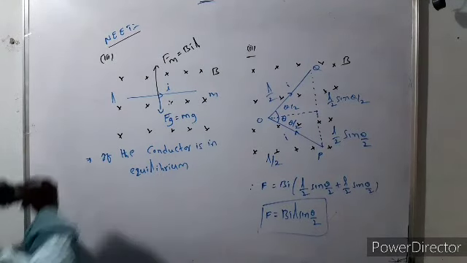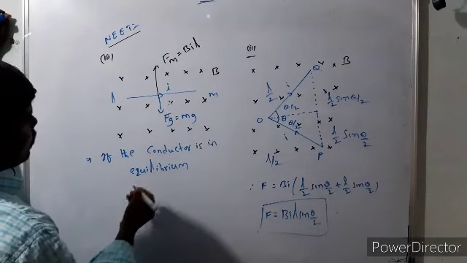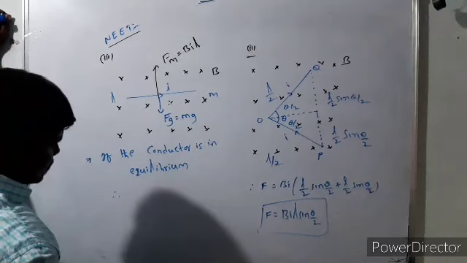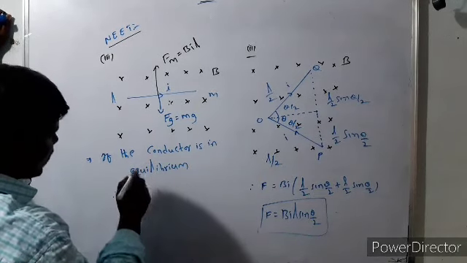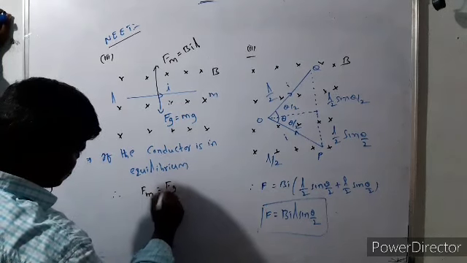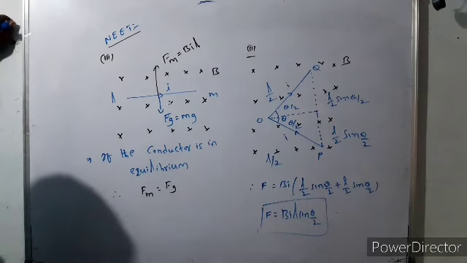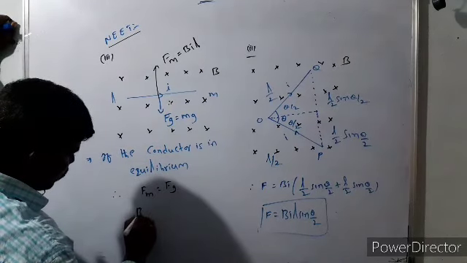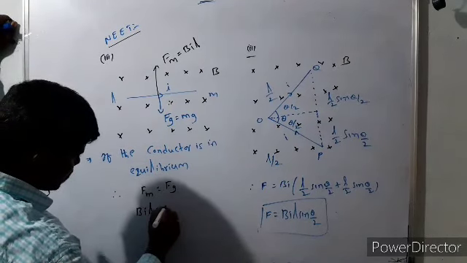Here there are two forces on this conductor, one magnetic force and another gravitational force, in opposite directions along the same line. Therefore, if the conductor is in equilibrium, the two forces cancel each other, so their magnitudes are equal. Magnetic force Fm is equal to Fg.